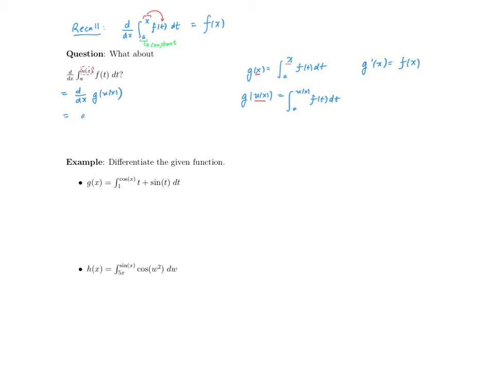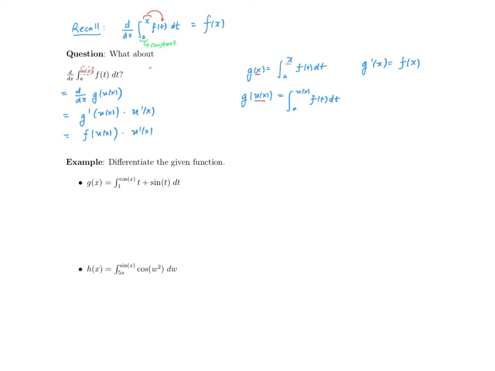The chain rule tells us the derivative of the outside, evaluated at the inside, multiplied by the derivative of the inside function. G prime is equal to f of x. So g prime of u of x is f of u of x times u prime.